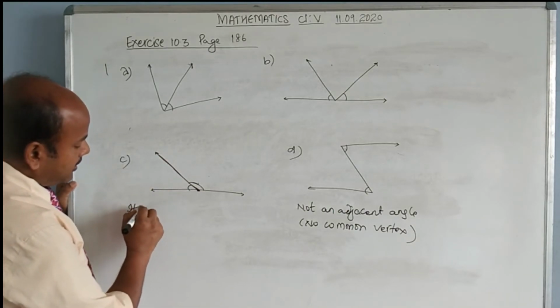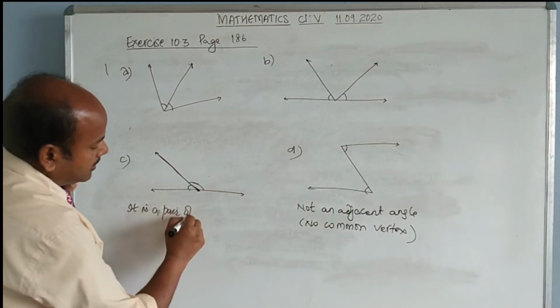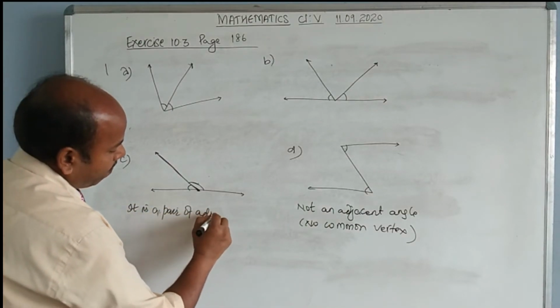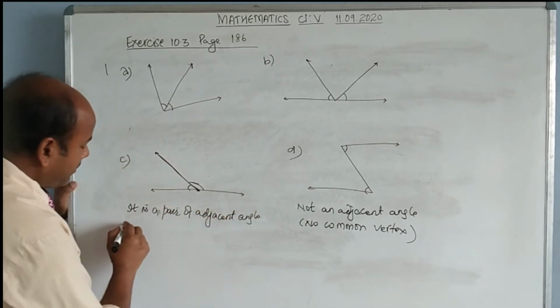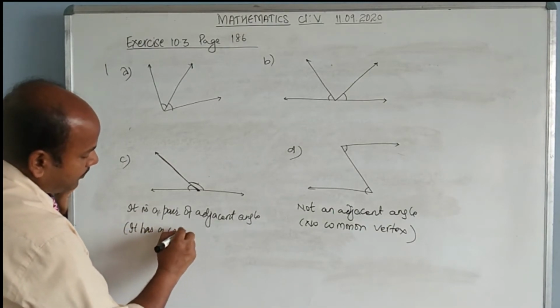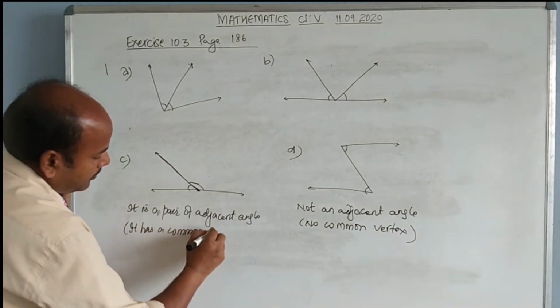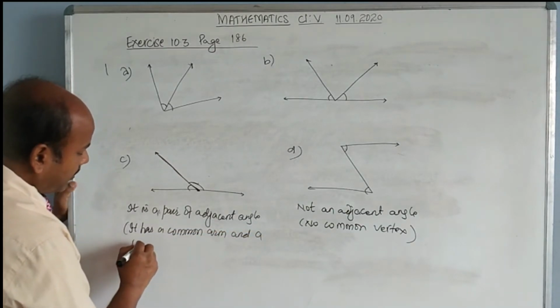It is a pair of adjacent angles. It has a common arm and a common vertex.